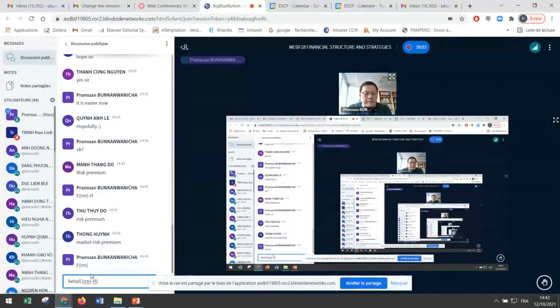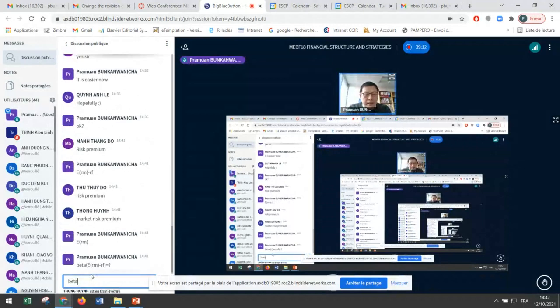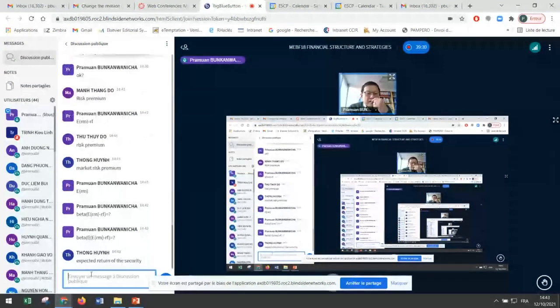Okay, how do we call that one? The beta I multiplied by ERM minus RF, how do we call this one? Expected return of the security I. No, almost.